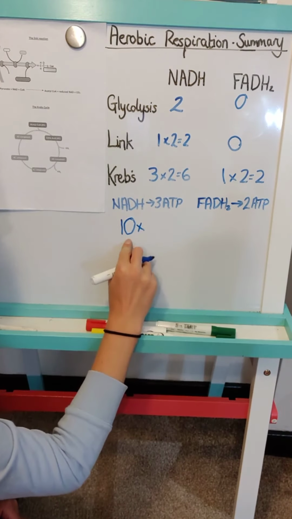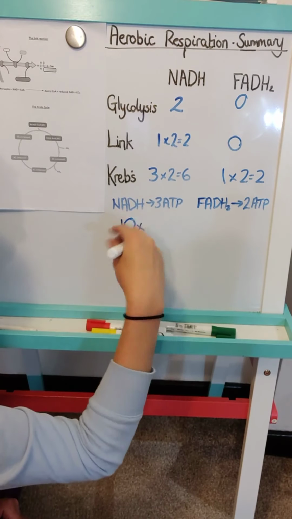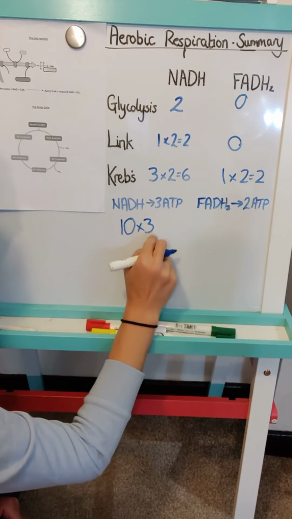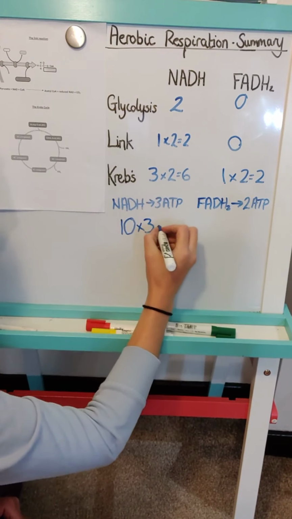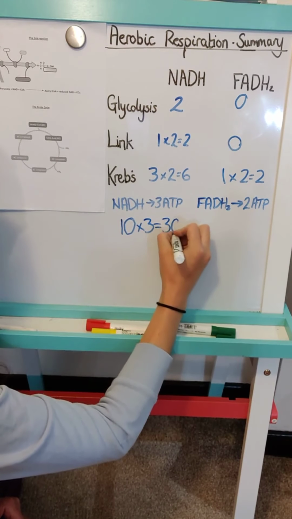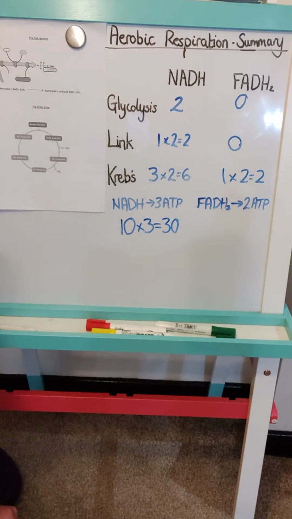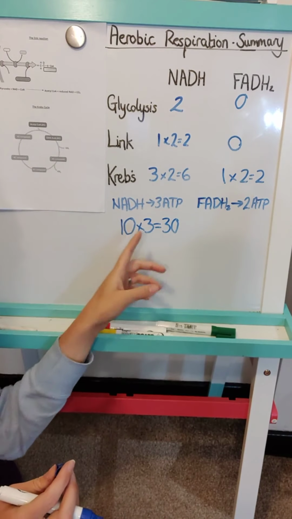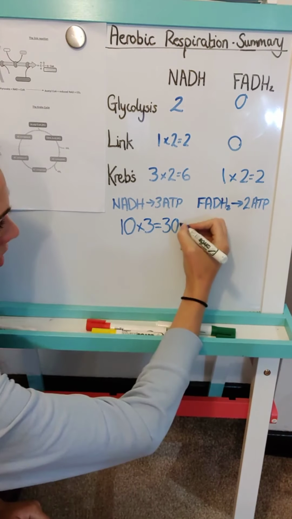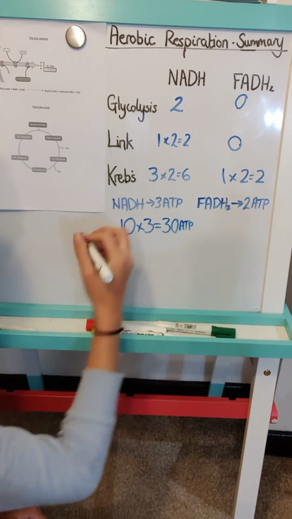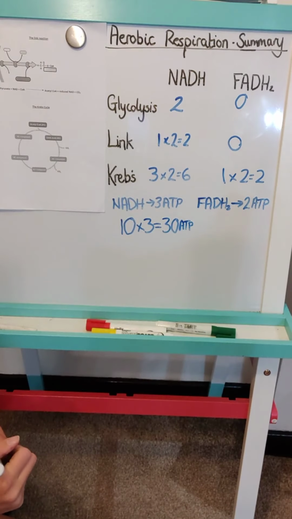For every NAD that's been reduced, protons will be pumped, the electron transport chain will take place, and you'll get 3 ATP for each one. That means you get 30 ATP for all that NAD. So every time an NAD was reduced earlier on, it was going to matter later on, building to the electron transport chain. That is where a lot of the ATP comes from: the reduced NAD.